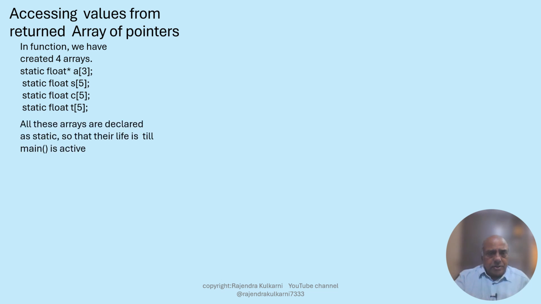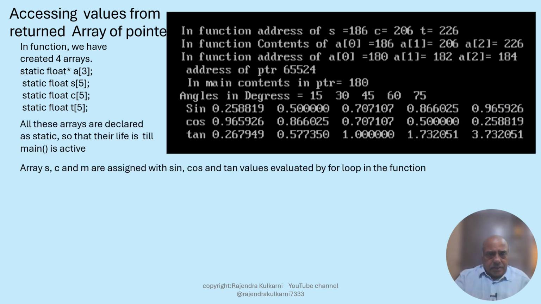How we have accessed the values and what is the output of the program, that we can see here. Various printf statements are giving us these outputs. Address of S is 186, address of C is 206, address of T is 226.